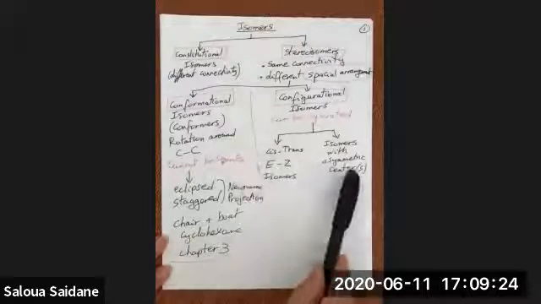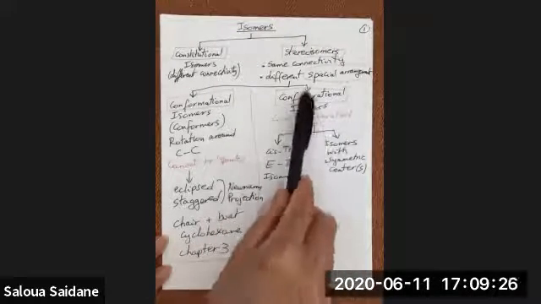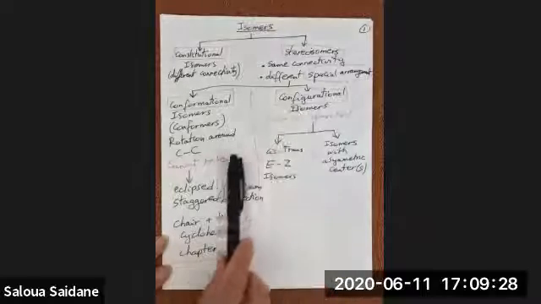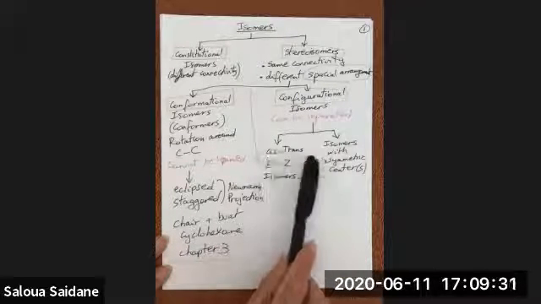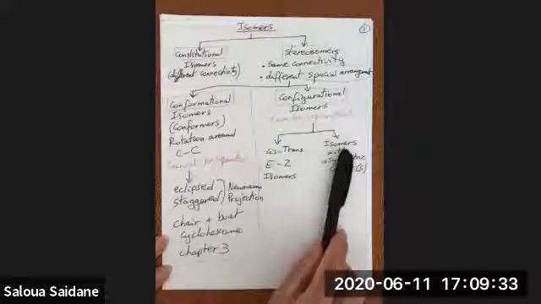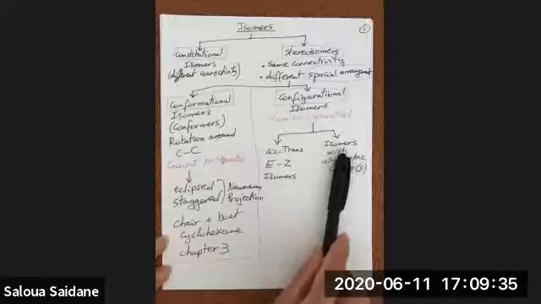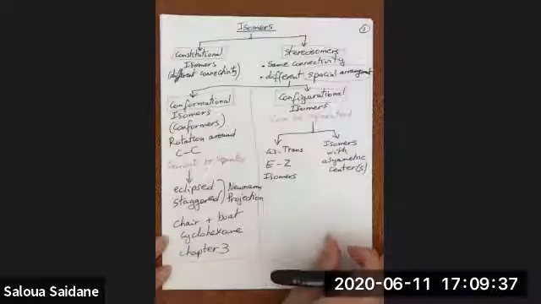So that's the focus of this presentation. What are configurational isomers? We'll start with cis-trans, and then we'll end with the isomers with asymmetric centers.